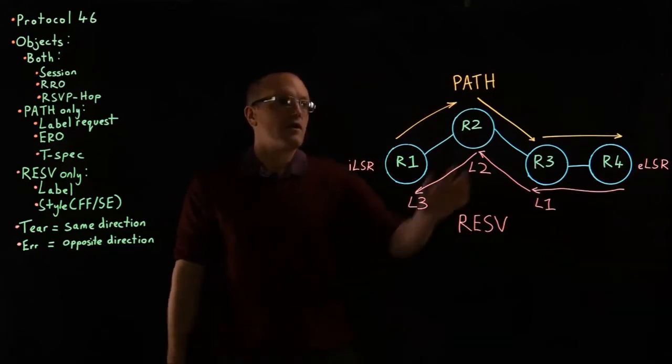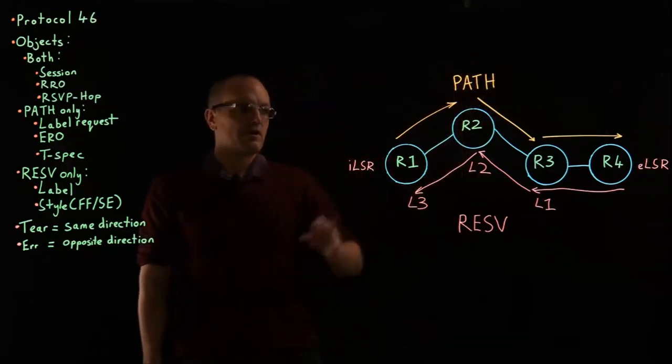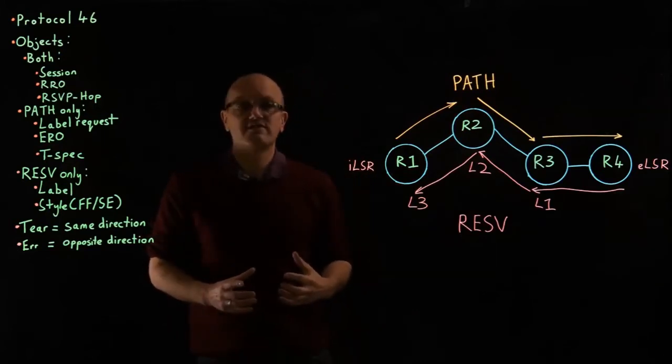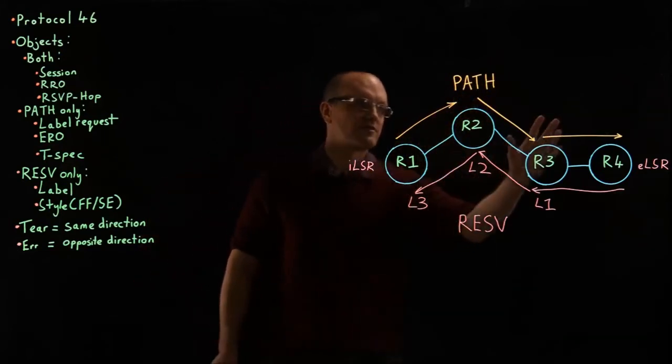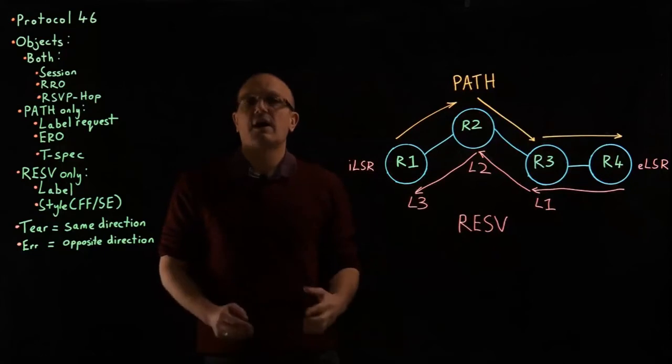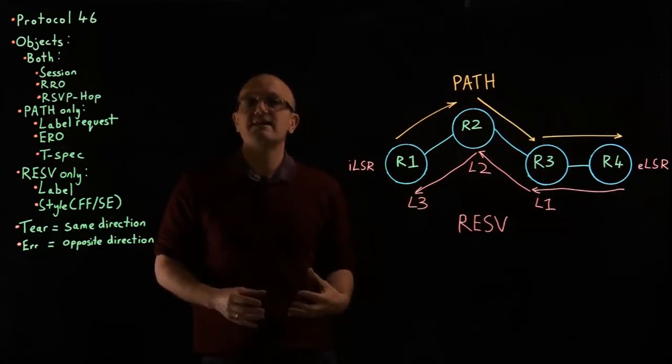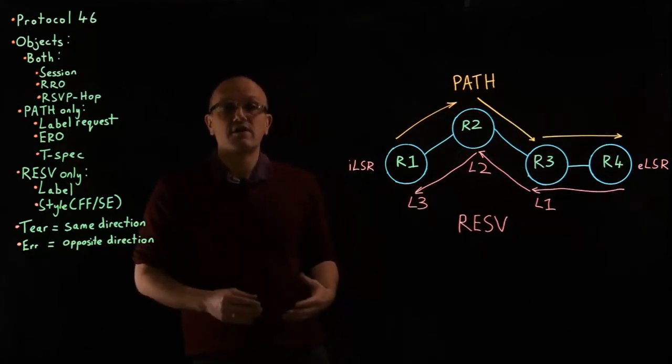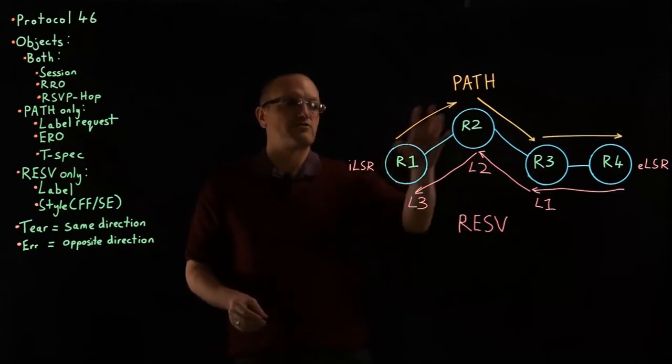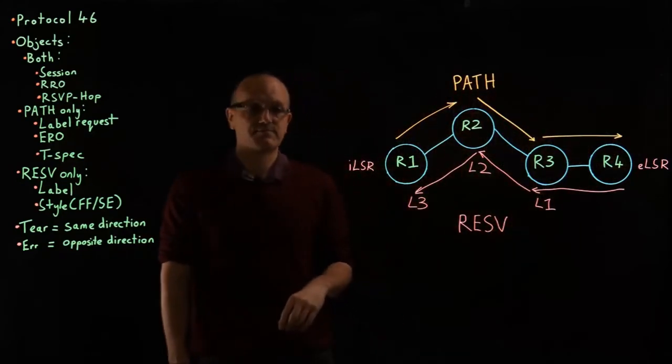The path messages request that resources are allocated on the routers that they traverse through, and they also request that a label be allocated and that label be associated with the resources that they have requested.